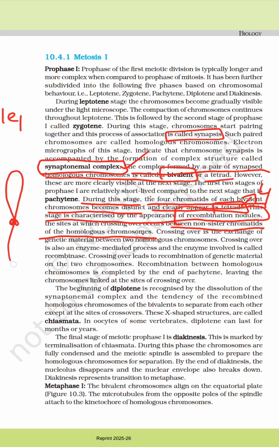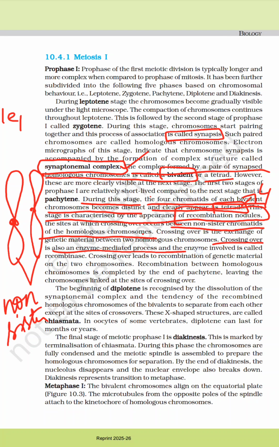This is a chromosome. This is also a chromosome. These two are non-sister chromatids. Crossing over is the exchange of genetic material between two homologous chromosomes, and it is an enzyme-mediated process involving the recombinase enzyme.